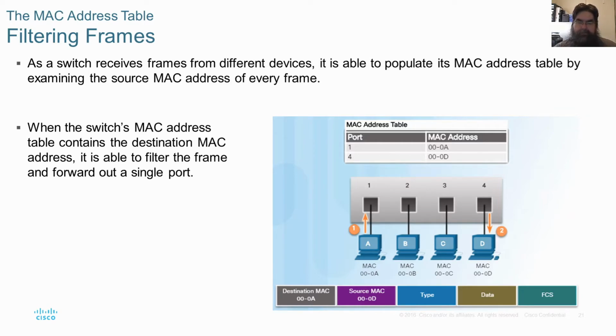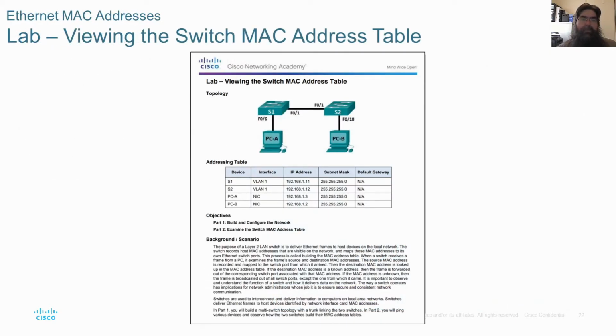So the next time the frame comes through and does the table lookup, it now has a corresponding destination address in its table and knows which port to forward it out of. So it will forward it out just that port and no other port. And again, another lab looks at the CAM tables within the switches, and they can also be found in end devices as well.